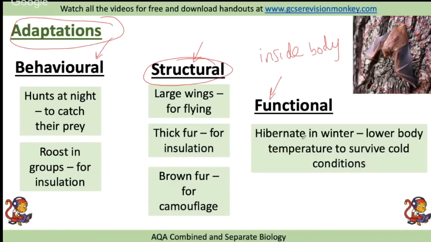And functional might be something like the fact that it hibernates in winter. Internally, it lowers its body temperature. So whatever animal or plant you're given, could be a 6 marker, for example, try and think about how it behaves, the structure of it, and things that happen inside of it.